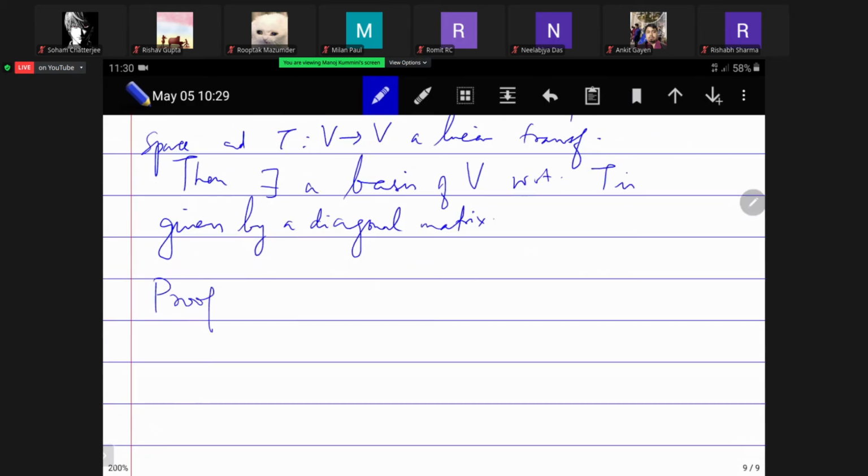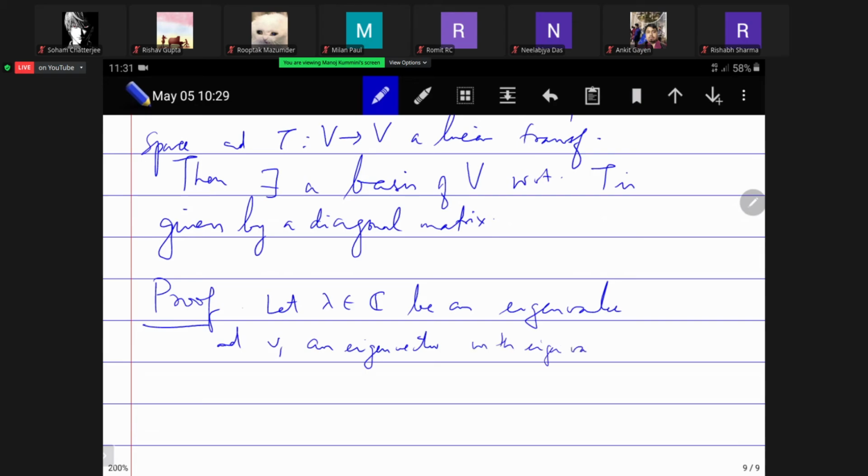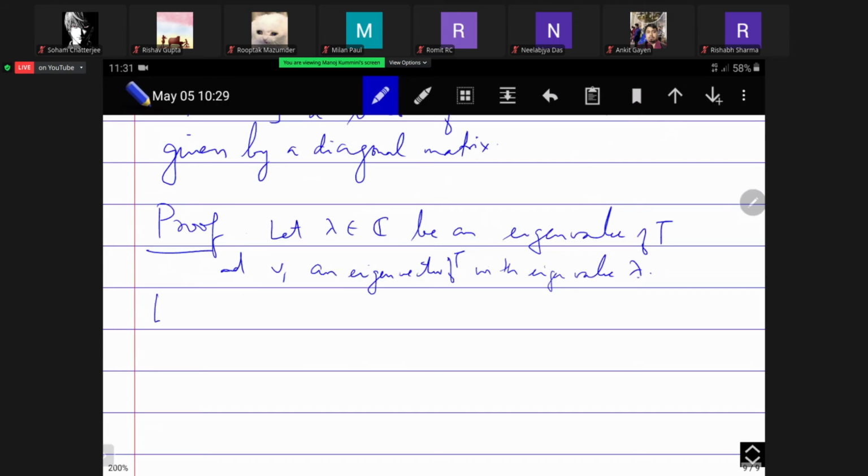So let lambda in C be an eigenvalue, and V1 an eigenvector for lambda, with eigenvalue lambda, eigenvalue of T, eigenvector of T. Okay. Let W be the span of V1, the span of V1. Okay.